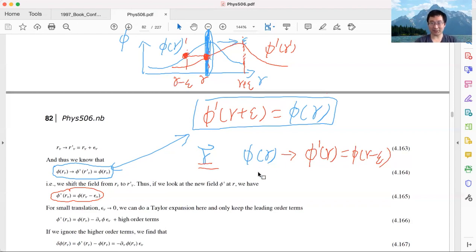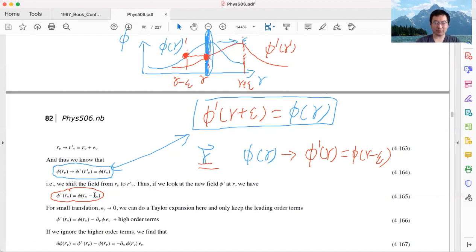So after the translation, my function phi at the same point changes from phi at r to phi at r minus epsilon. Changes from this value to this value if I shift the function. Okay, so that's this relation. The bottom line: after I do space translation, if I look at the same space-time point, the value of my field becomes the value at r minus epsilon.